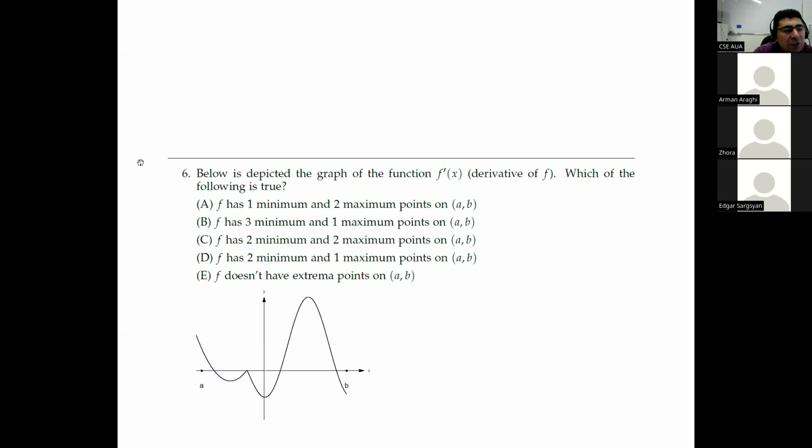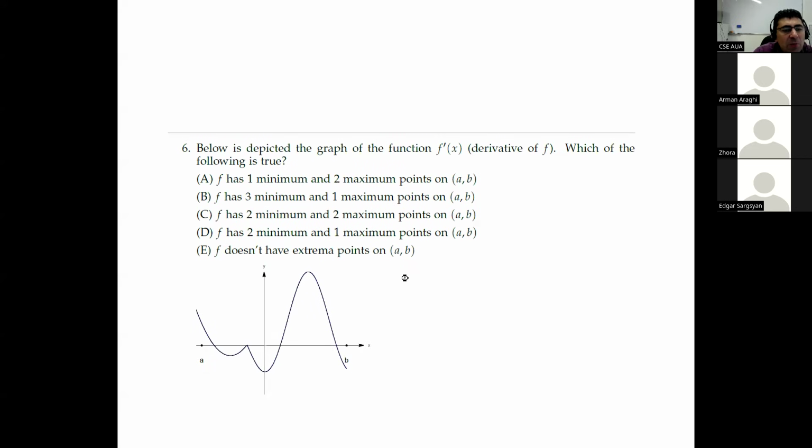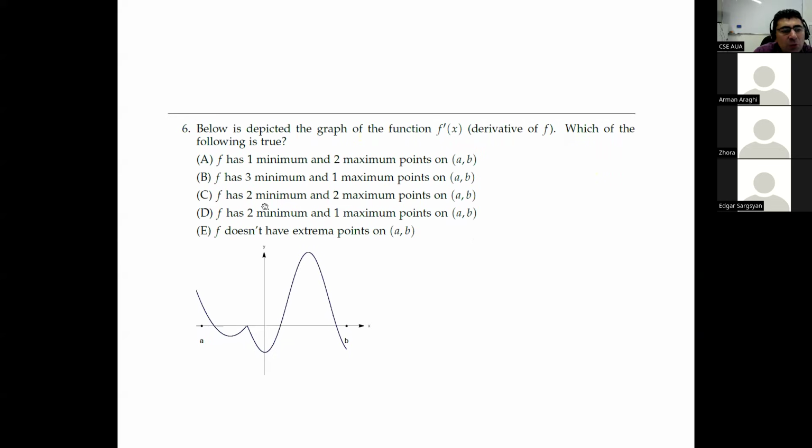How can we understand the number of minimum and maximum points knowing the derivative of our function? The way is, as always, to find critical points and then study whether the sign of the derivative is changing passing through these critical points.